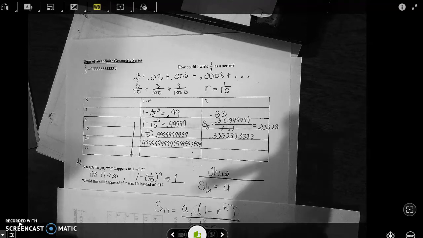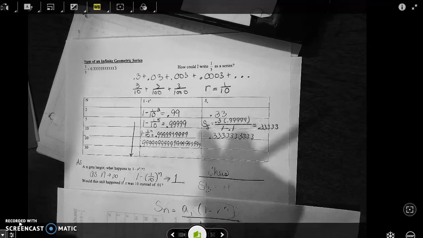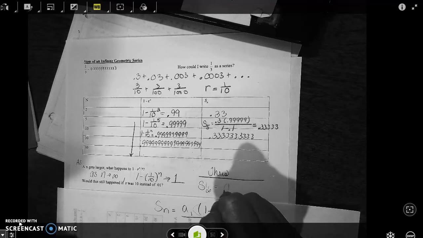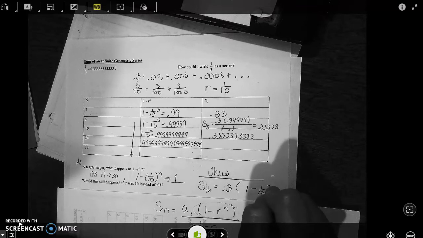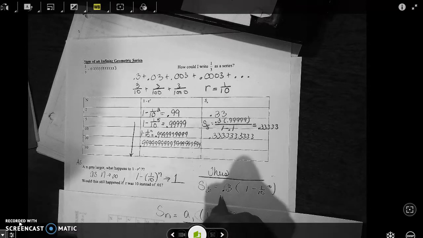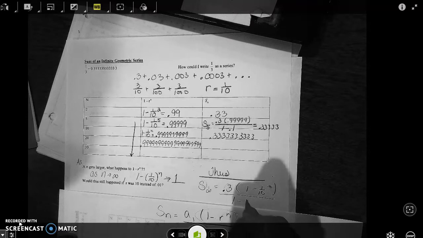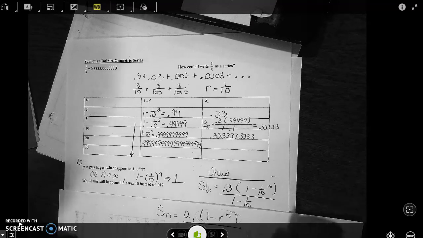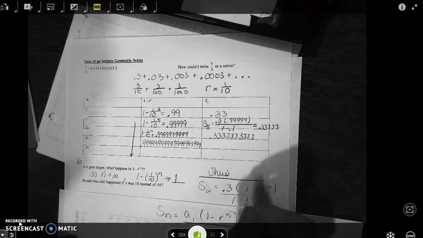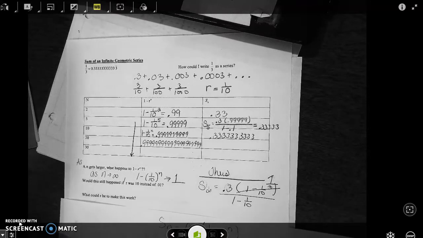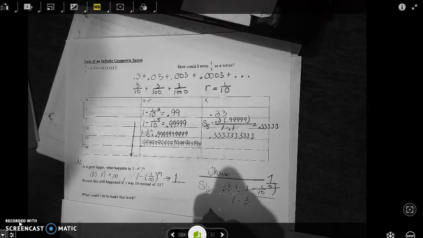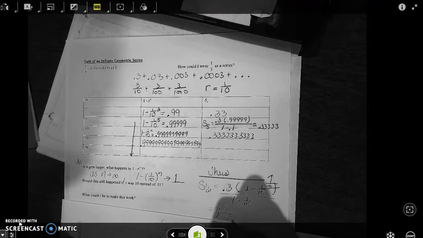Here's our normal formula, A1, which is 0.3, times 1 minus 1/10 to infinity, over 1 minus 1/10. This 1 minus 1/10 to the infinity part is getting closer and closer to 1. So therefore, we could just take 0.3 over 1 minus 1/10, and we're going to end up getting 1/3.